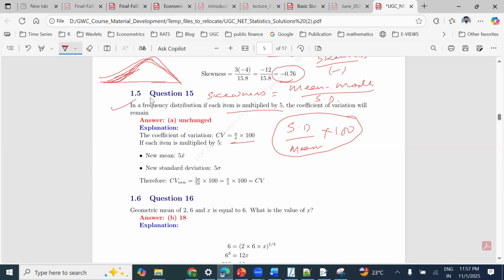Change by how much? Means what will be the value? Are you getting my question, or are you not able to understand it?